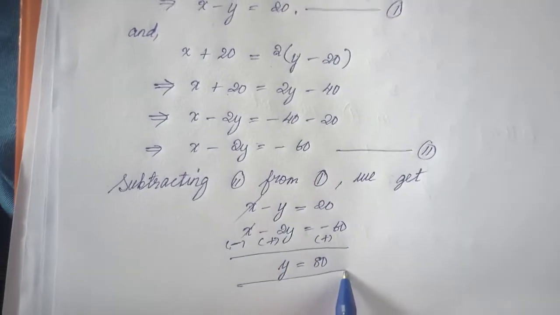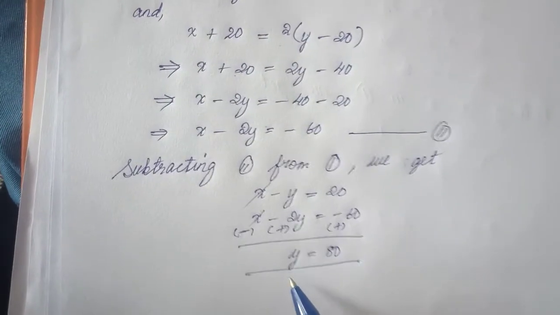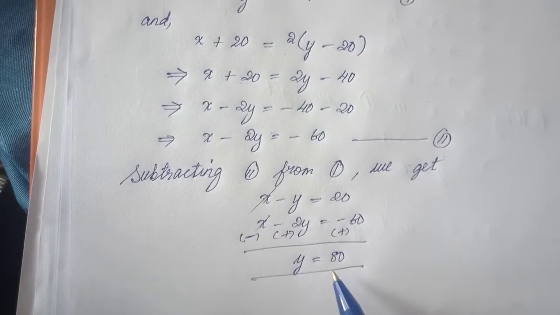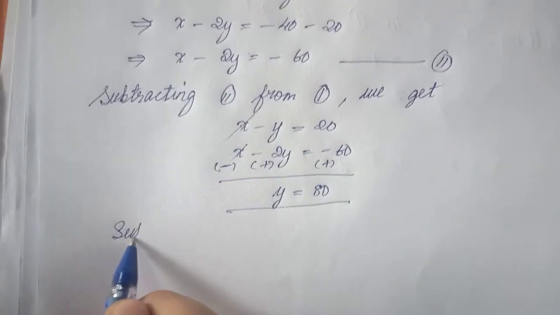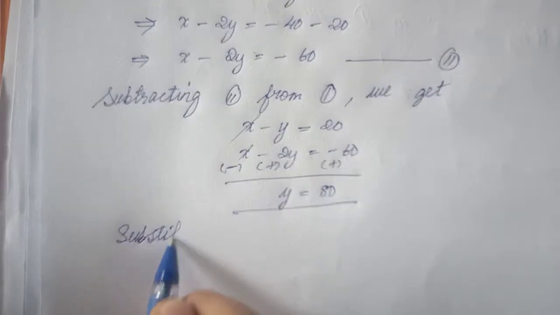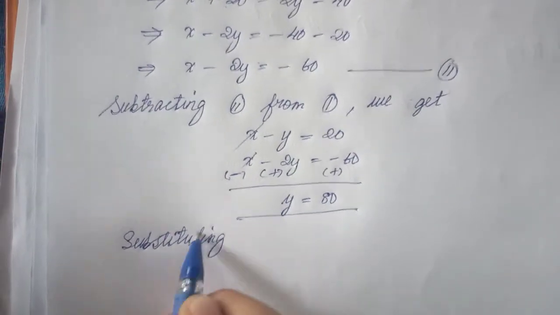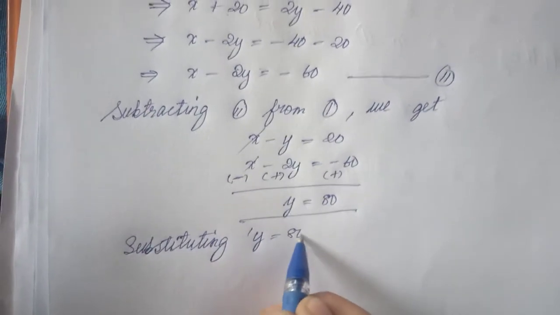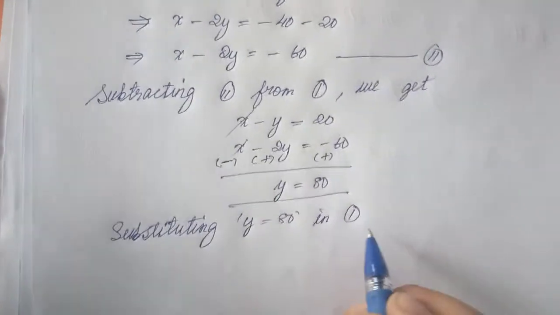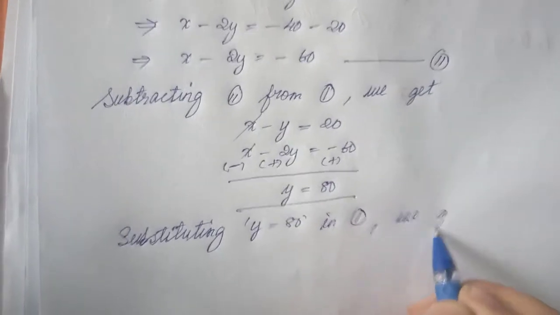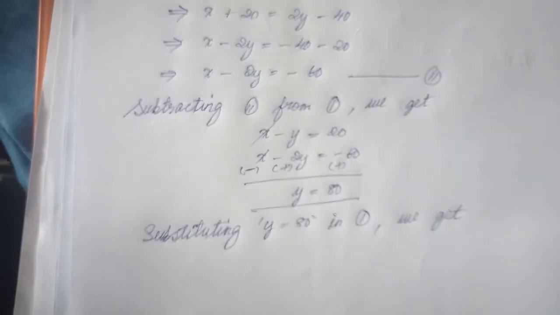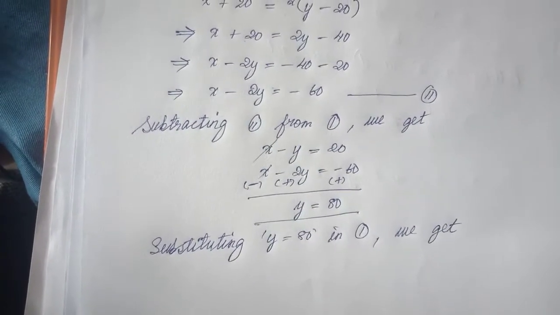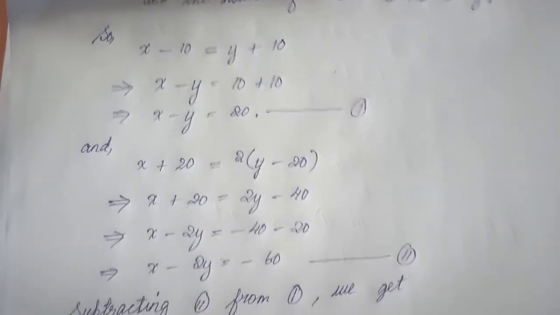As we can see from here, y indicates room 2. That means that we have 80 students in room 2. Now we can find out how many students are there in room 1. So substituting y equal to 80 in equation 1 we get: we substitute the value of y in equation 1 because equation 1 is much simpler. x minus y is equal to 20.